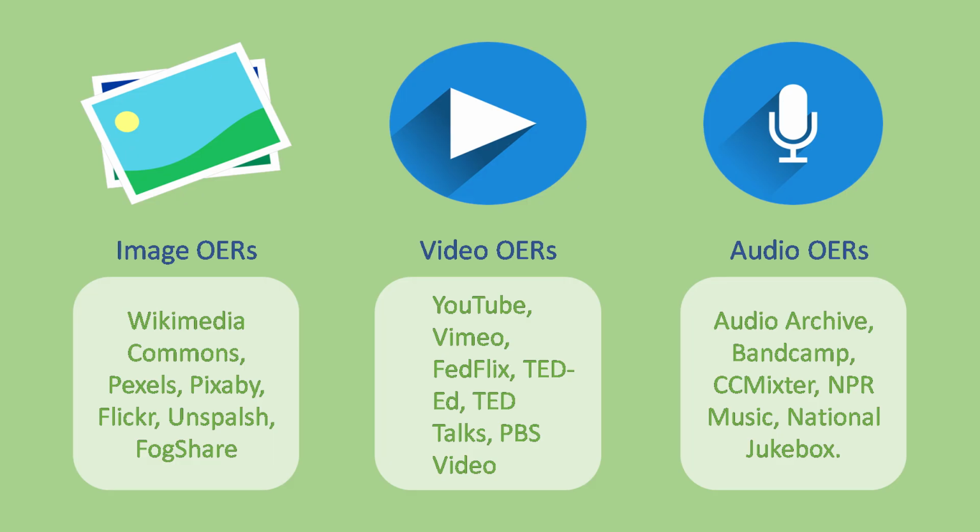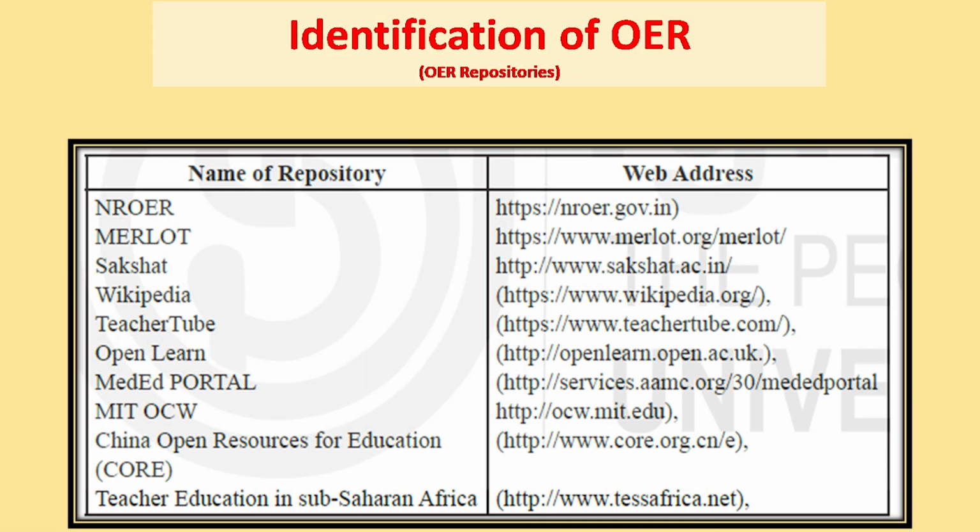So of course friends, if you are teaching in school education or higher education, you can make use of these websites to get OER images, OER videos and OER audios. And the third way of identifying is that you can also go to some OER repositories. In India also we have a couple of OER repositories, like NROER, the National Repository of Open Educational Resources.